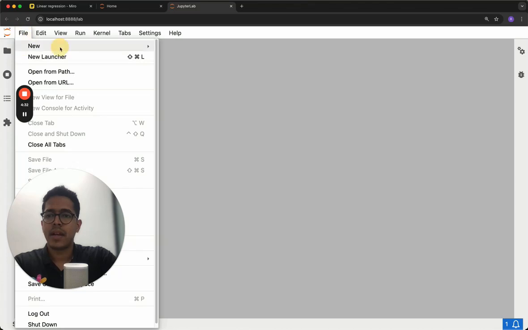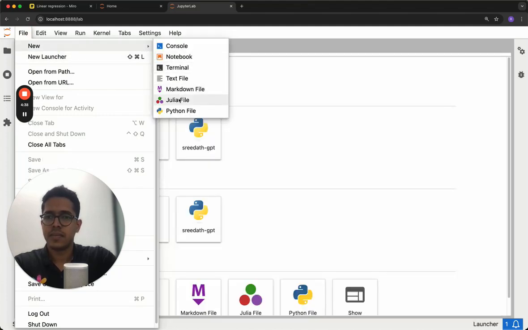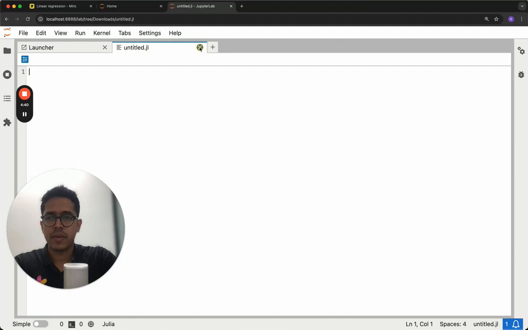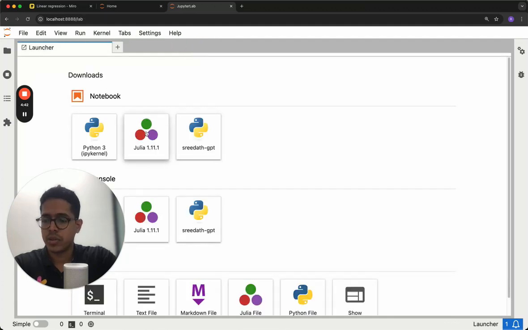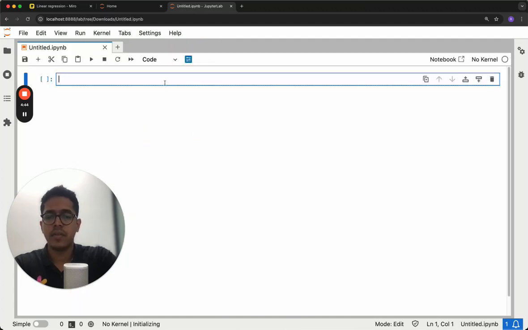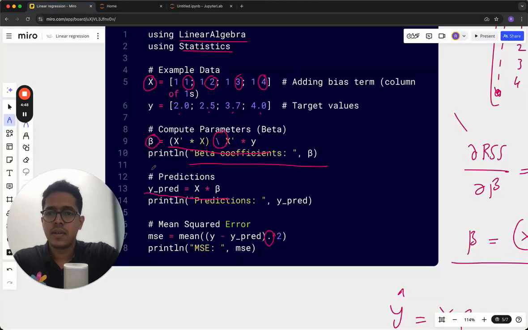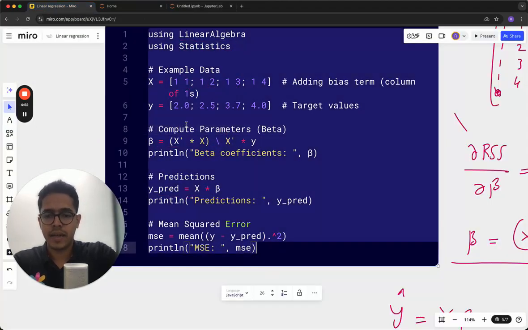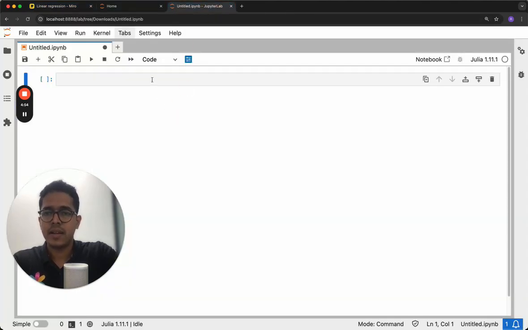File, new. Not Python, I want a Julia notebook. So Julia 1.11.1. And to save time, let's just copy this code. We have already explained this in detail.